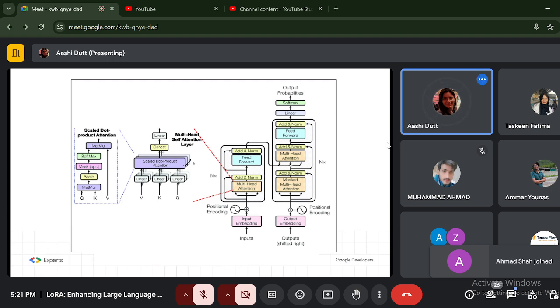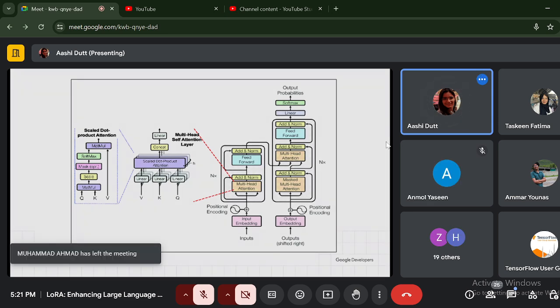And then we have a softmax layer where we get the probabilities. Okay, this word has the maximum probability, so this might be the next word in the sentence. That is how the decoder works. It's very basic but very interesting. So I hope you have a very basic gist about how transformers work, right?